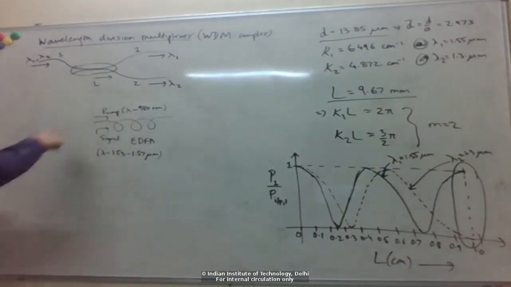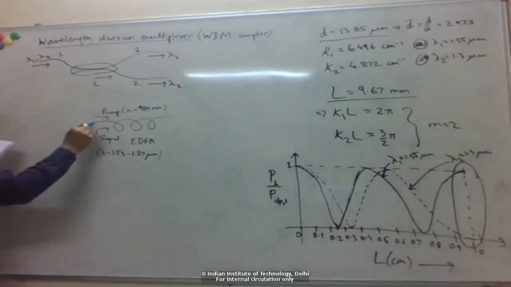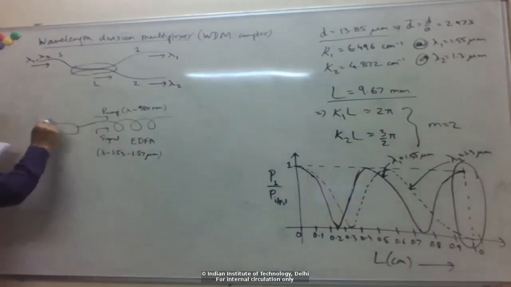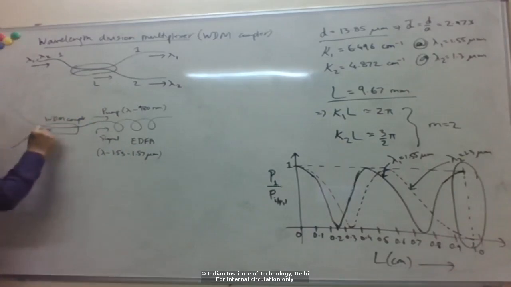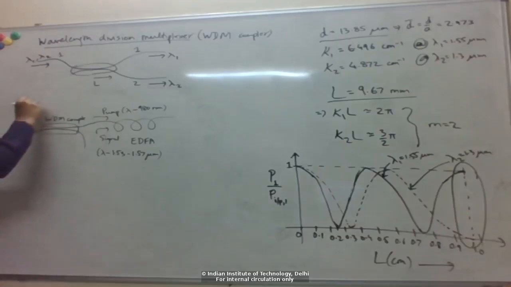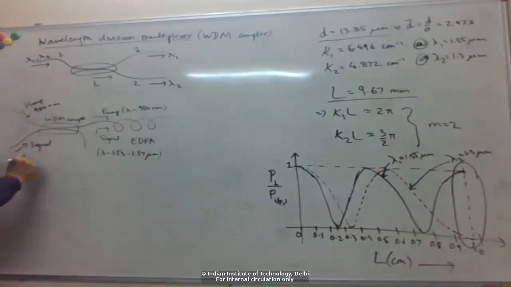So how do we combine this signal? Again using some WDM coupler like this. We'll have some coupler here. Here we'll send in the pump at 980 nanometer, and here our signal is coming in at whatever wavelength.